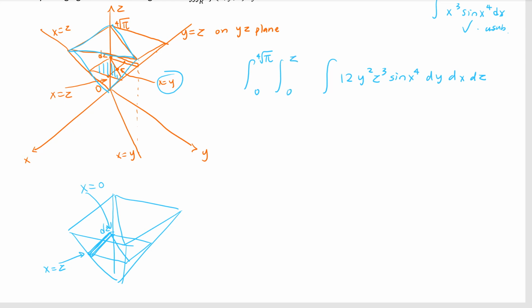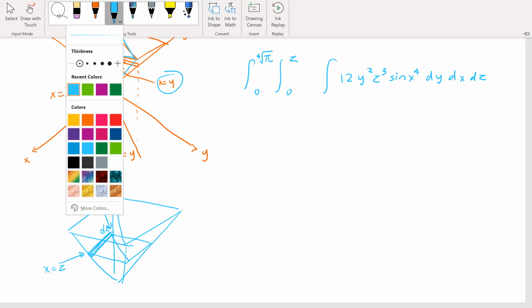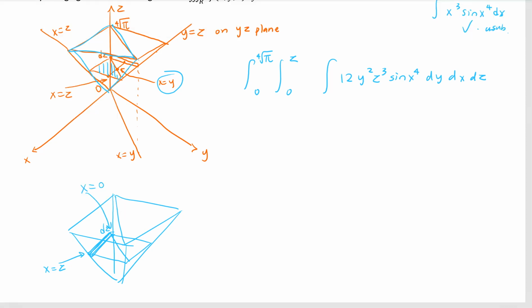And now how about y? Actually in this problem, if we use this order, y is easier because we're talking about this region. Then y is from this guy to this guy. This guy corresponds to y equals 0. What is this line? This line is y equals x. So y is from 0 to x. So far so good, everybody?